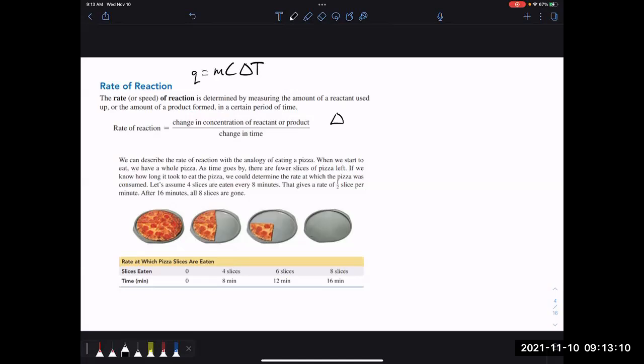So here we have delta, a change in reactants or products, and then we also have a delta T, or change in time.